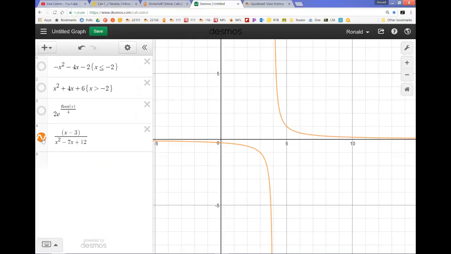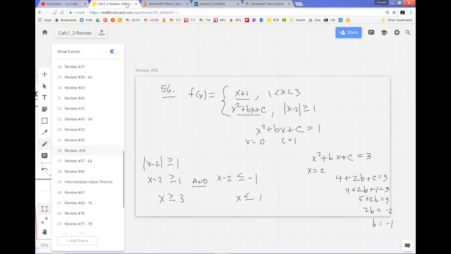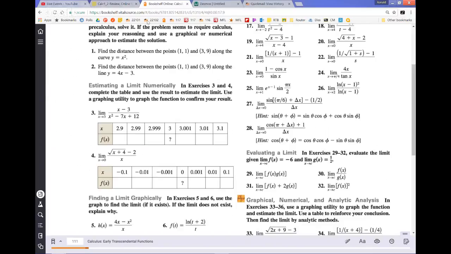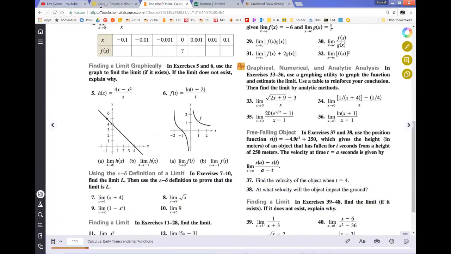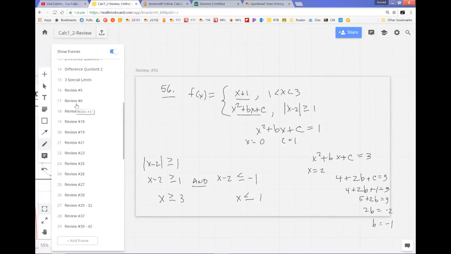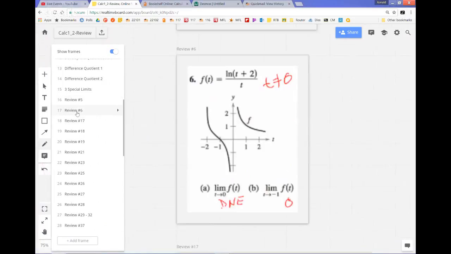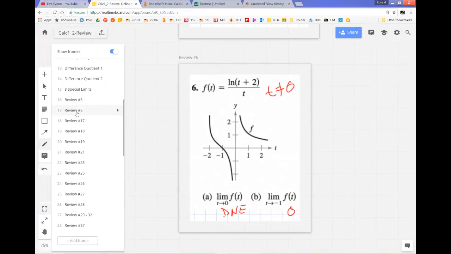So, all right, let's go back here. So that was number 3. Let's talk about number 6. So find the graph. Oh yeah, we have that one here. Here's number 6.